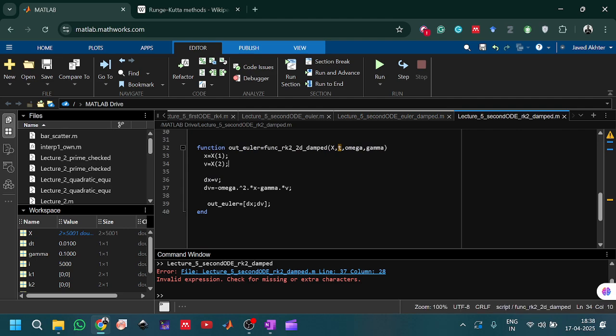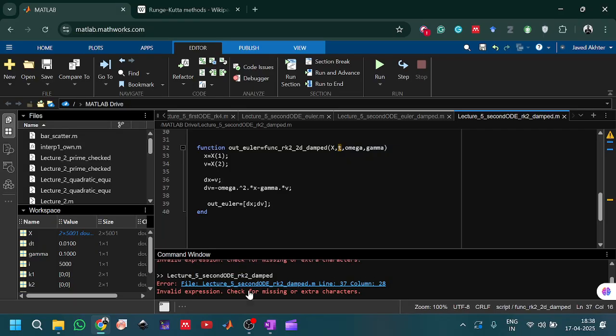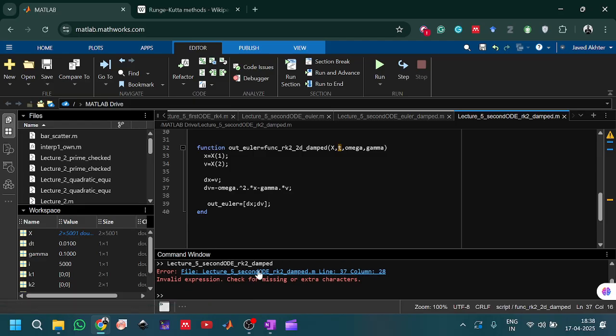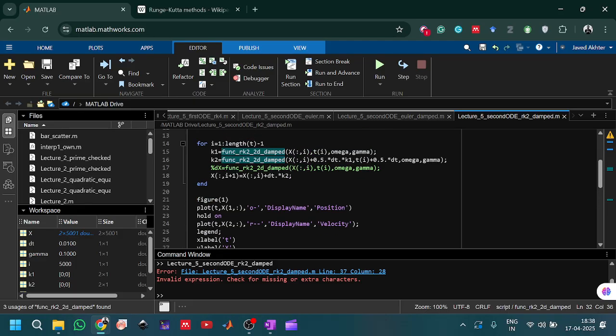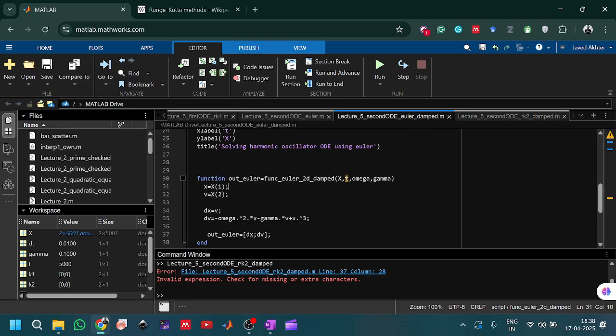This is matching. So this functional form will be the same. Let me just copy it because it is showing an error in this function.